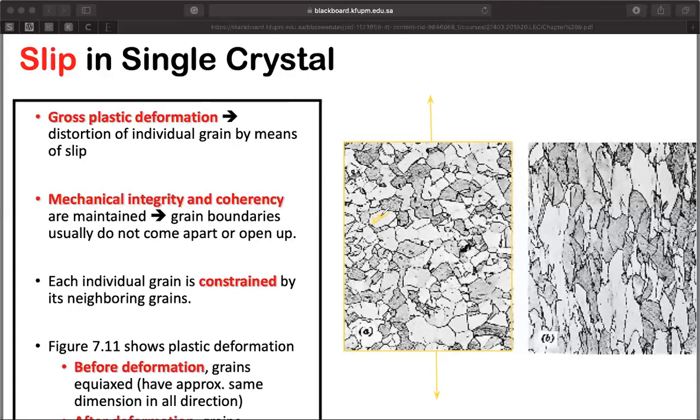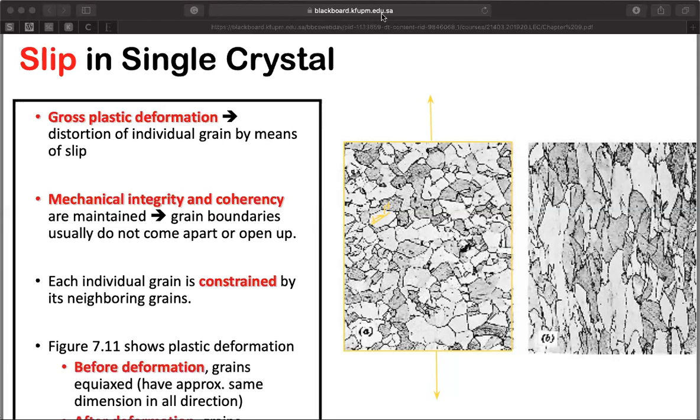So what's going to happen if this dislocation hits the grain boundary? Now we have an issue, because you have a discontinuity of the slip plane, right? So you need to supply additional energy for the dislocation to cross the boundary to another grain. Also, the other issue is that you have different crystallographic orientations of these grains.